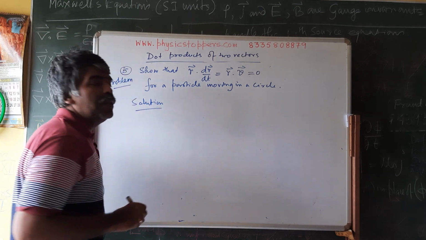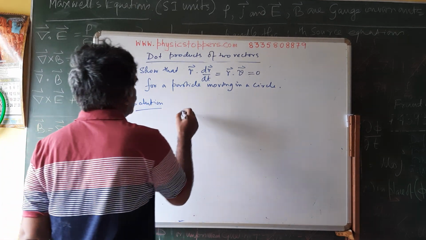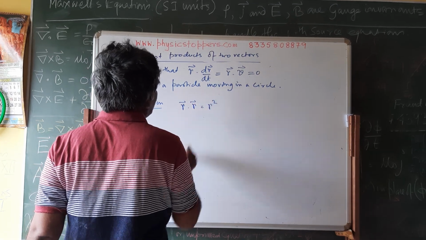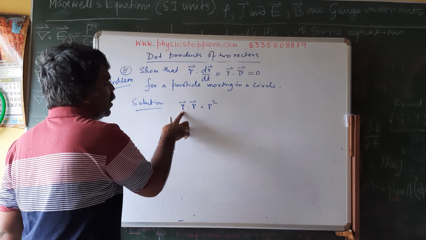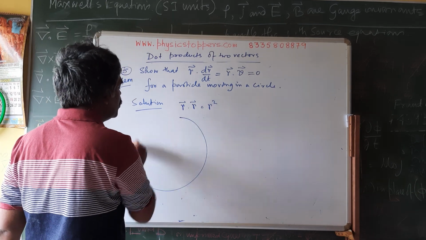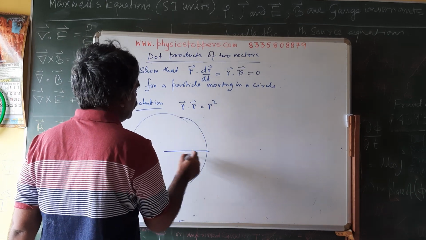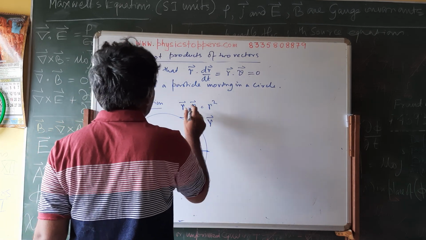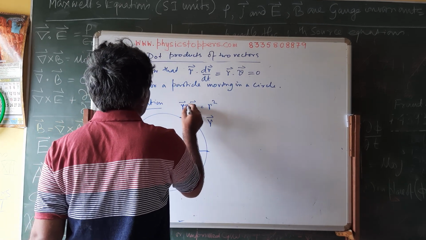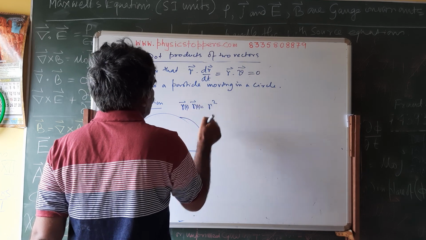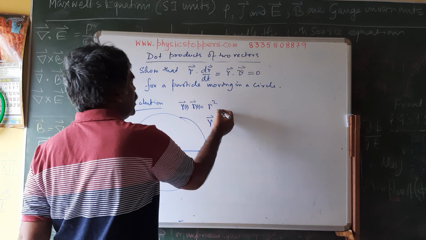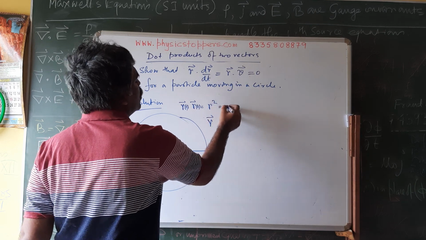Now the solution. These are the typical methods you can use for dot product. Suppose r vector dot r vector, this is r square, right? Even if r vector is dependent on time for a particle moving in a circle, r square is independent of time because this is the length, this is constant.